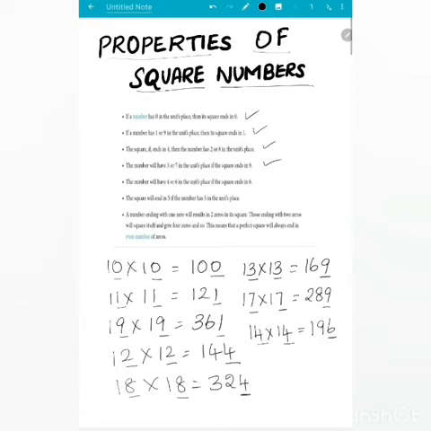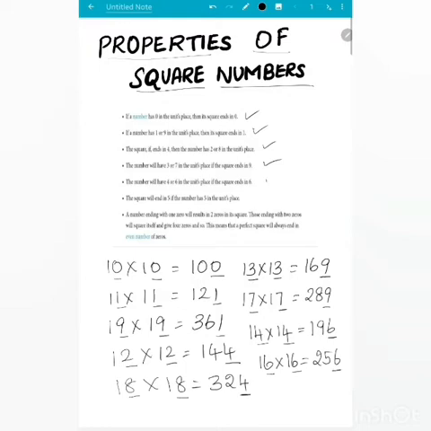Next, let me take 16. What is 16 squared? 256. If the units place is 6, the square number ends with 6. Also 4 fours are 16. So if the units place is 4, the square number automatically ends with 6, or if the units place is 6, the square number ends with 6.